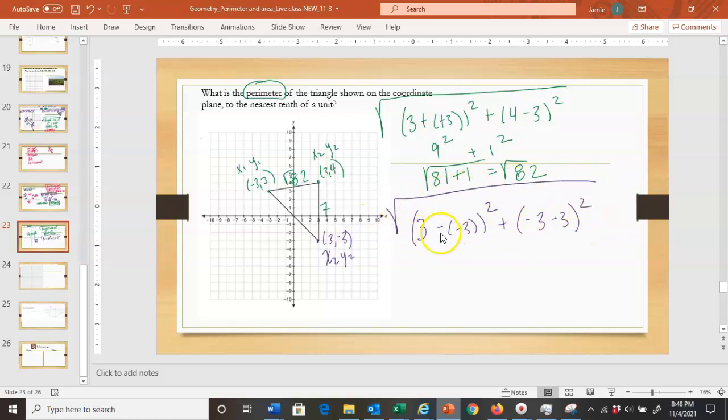Careful. This is a positive, so you end up with 9. Nope. Do you see that? Look, I hope you guys caught this. 3 plus 3 is 6, you guys. My apologies. So this should be 36. So this should be root 37. Good catch, Miss Winslow.